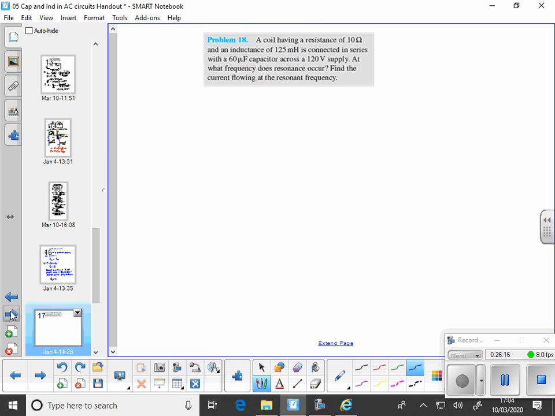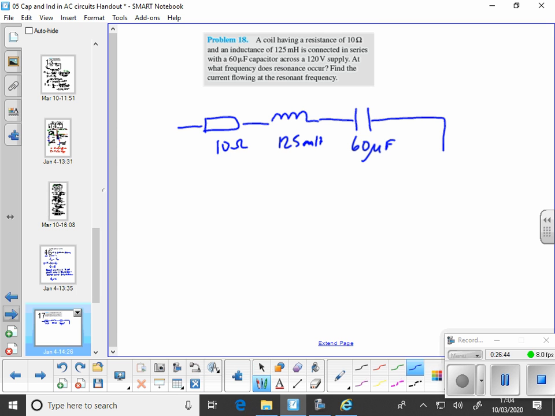So, problem. A coil has 10 ohms resistance. It's 120 henrys, in series with a 60 microfarad capacitor, 120 volts.